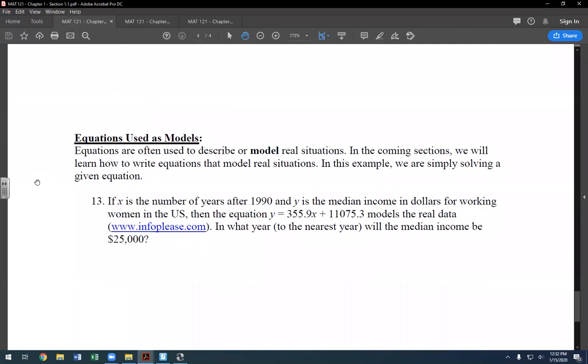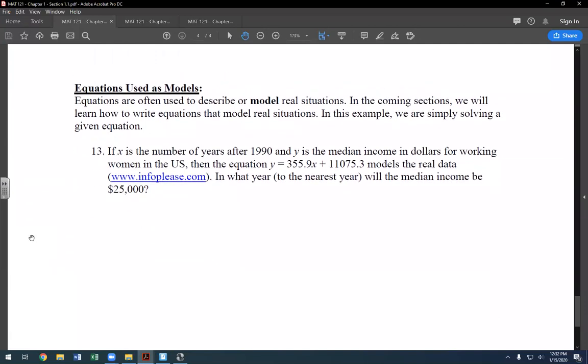All right, guys, our last example for this section is just looking at an application. So we will definitely use a given equation in this case, but a lot of times as we move forward in this course, we will actually try to come up with equations on our own. So this is just to get us started.